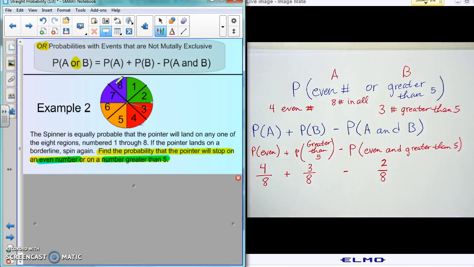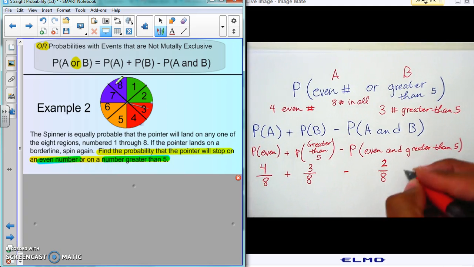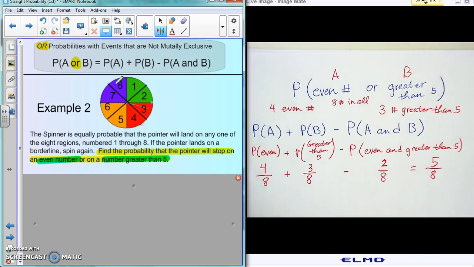And so all we do now is go ahead and add and subtract, not in alphabetical order, but in order of operations. Add then subtract, because the addition is first and then subtraction. So when we do that, we get 5 out of 8. And if we change that to a decimal, that's 0.625.